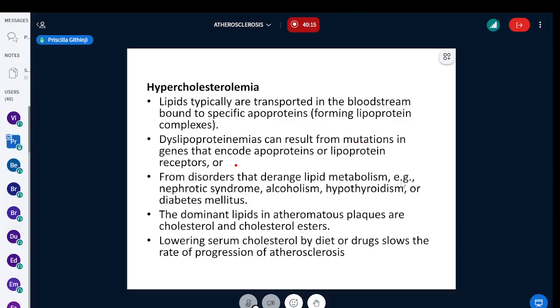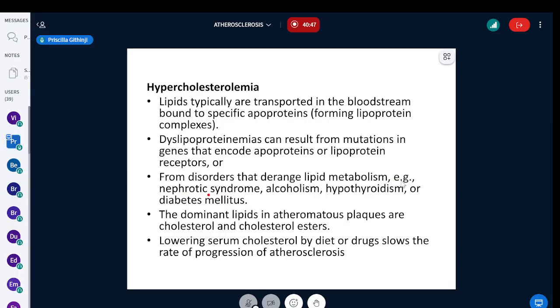So these lipoproteinemias can also result from mutations in genes that encode apoproteins or lipoprotein receptors. We've talked about one of the non-modifiable risk factors being genetics. So if you have any mutations in genes that encode apoproteins or lipoprotein receptors, they're going to affect how you handle cholesterol.